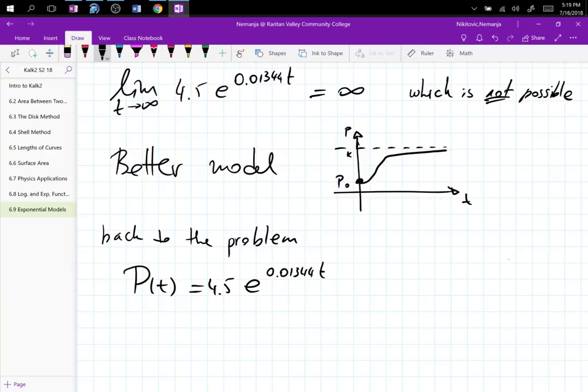What I can do is differentiate this and figure out the amount of people added, and then we can change the time. Remember, the derivative is the instantaneous change.